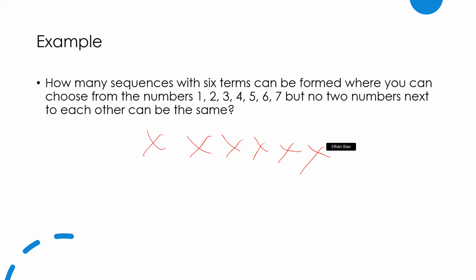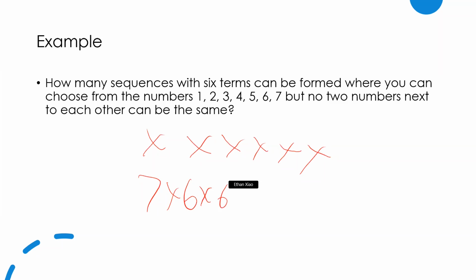Now, first digit, we can choose from any one of the 7 numbers. So 7, times the second one, we can choose from 6 of them since it can't be the same as the first one, times 6. And the third one, we also choose from 6 since it can't be the same as the previous one.